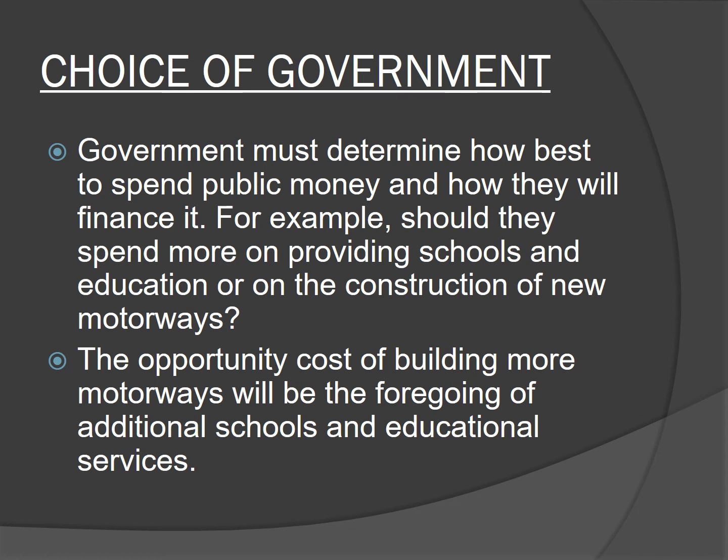The opportunity cost of building more motorways will be the forgoing of additional schools and educational services. So the cost of schools and educational services will be known as opportunity cost.